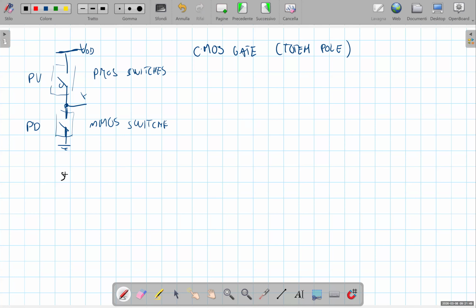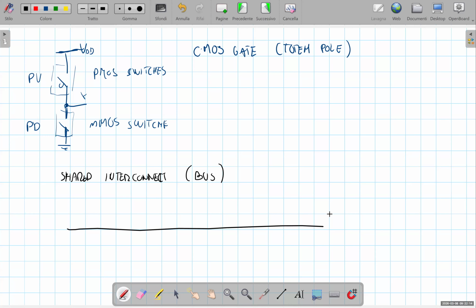A shared interconnect, also known as a bus structure, is a single wire that should be connected to possibly different digital outputs.